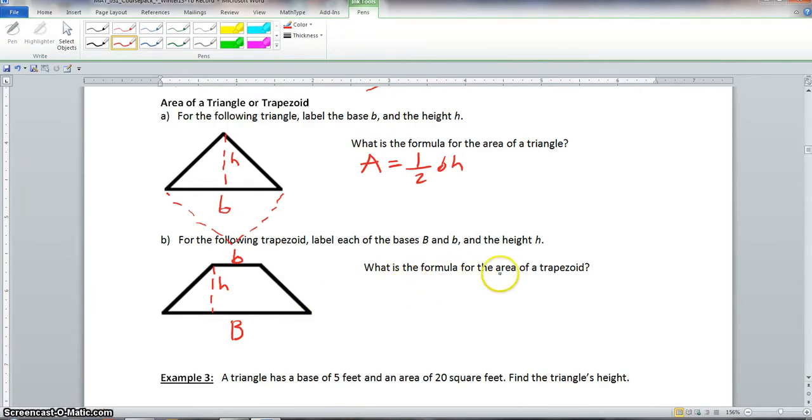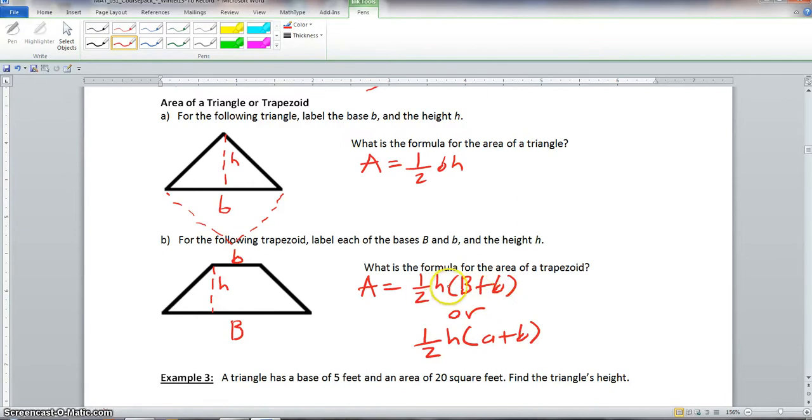Now it says, what is the formula for the area of a trapezoid? The area of a trapezoid basically is written two ways. One way is half of the height times the larger base plus the smaller base. Or you could multiply this out and do a little substitution, but you could also write it like this: half of h times a plus b.